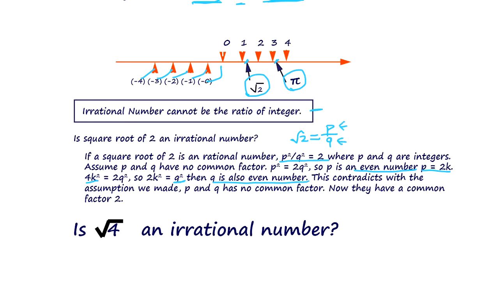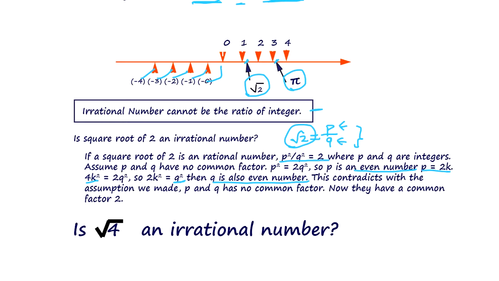That means there is a common factor. We assumed there's no common factor, so this is a contradiction. This contradiction is the proof that we cannot express square root of 2 as an integer ratio. So square root of 2 is an irrational number.